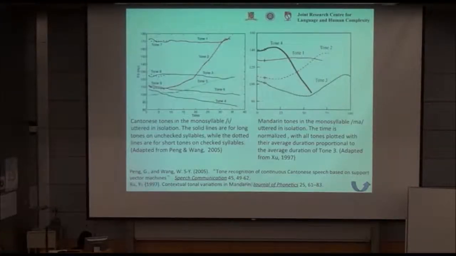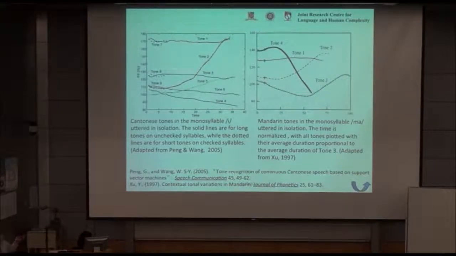We can further look at this figure. Okay, the dotted ones are for the 3 checked tones, the short ones. These are the 6 long curves for the 6 Cantonese long tones. And this is for the Mandarin tones.